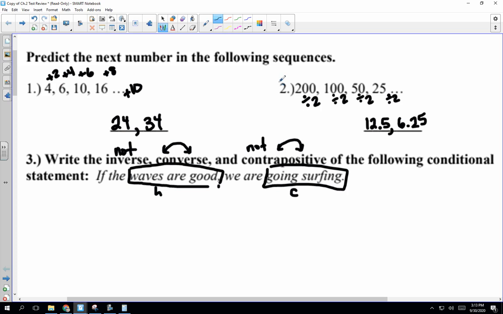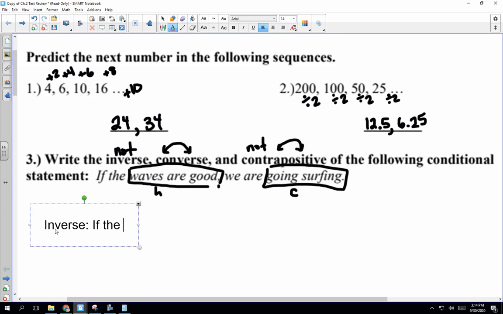I'm going to get my typing skills going. That way it'll be a little bit neater to watch. So our inverse is when we put not in front of each, the hypothesis and the conclusion.